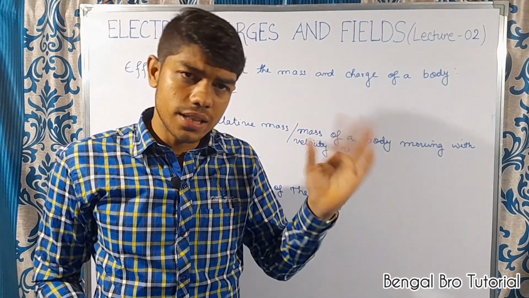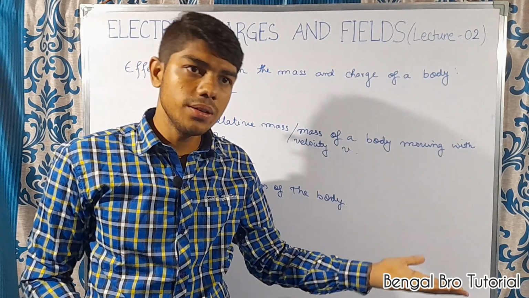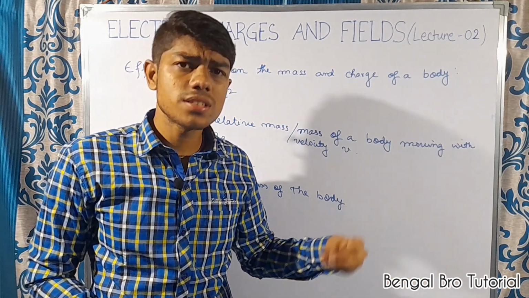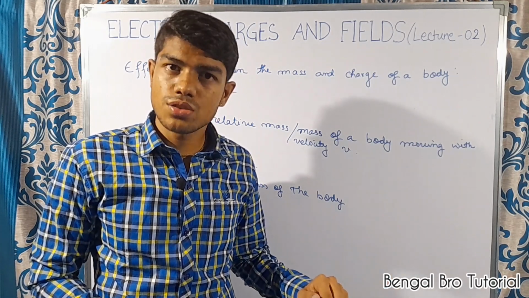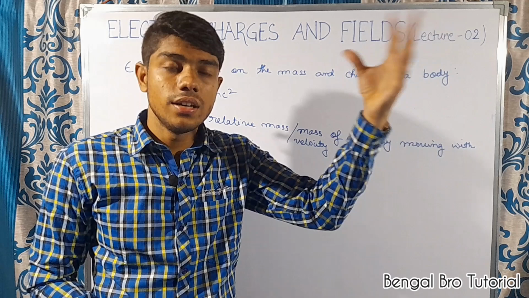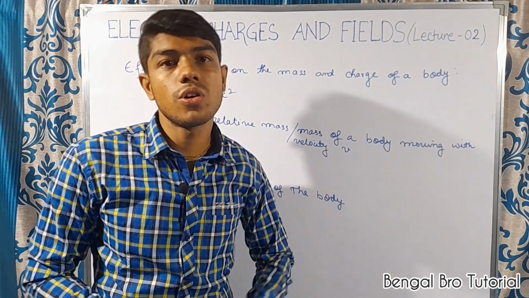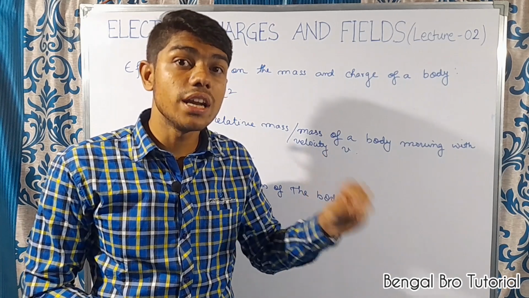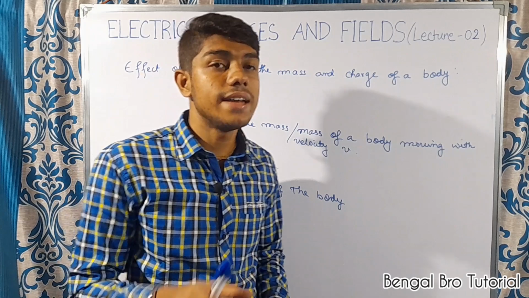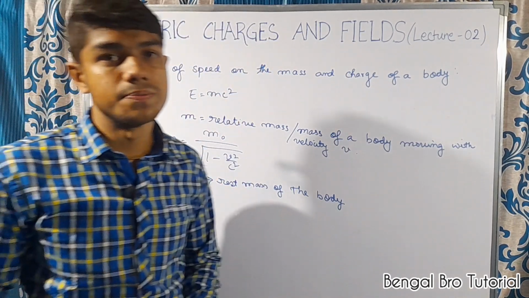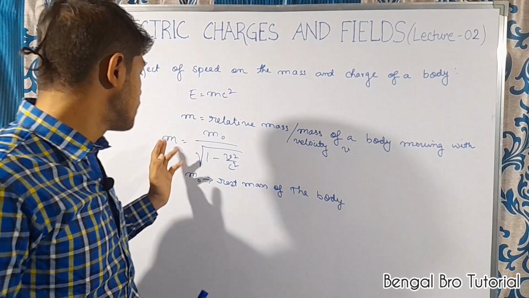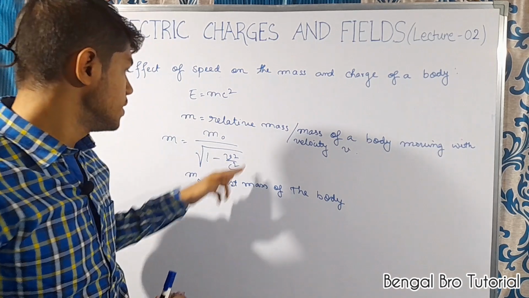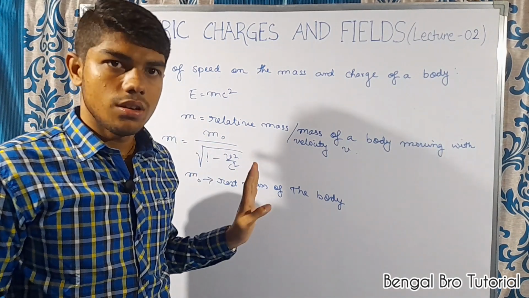Now if another person in space is observing the person who is standing beside me, according to that person, the person standing beside me is moving, understood? So the mass which will be calculated in his frame of reference will not be considered as rest mass, understood? Mass of a body measured in a frame of reference which is at rest is called the rest mass of a body. And what is the relative mass? Relative mass is the mass of a body which is found by this formula.